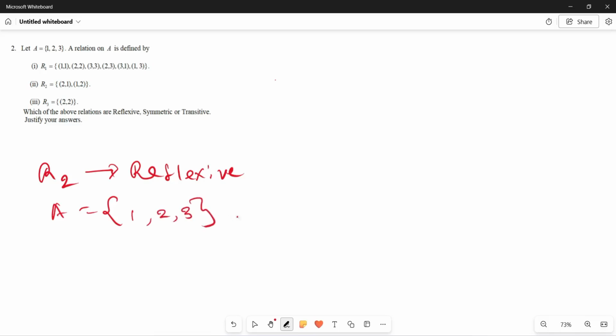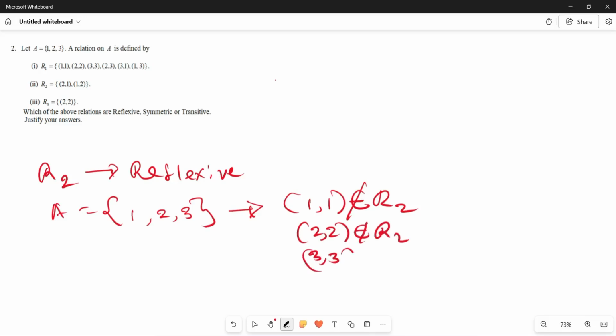In this given set, you want to check whether each of these elements is related to itself, and check whether those are available in R2. But 1 comma 1 does not belong to R2, 2 comma 2 does not belong to R2, and 3 comma 3 also does not belong to R2.